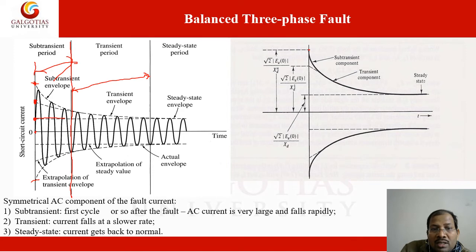Subtransient generally occurs in the first cycle, so only 1 or 2 cycles are considered. A very large AC current flows and falls rapidly; the decay rate is very high. For the transient, the decay rate is smaller and it occurs at a slower rate over 4 to 5 cycles. Then in steady state it gets back to normal conditions.